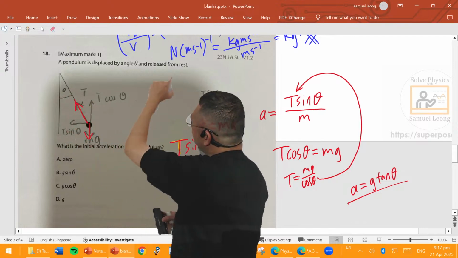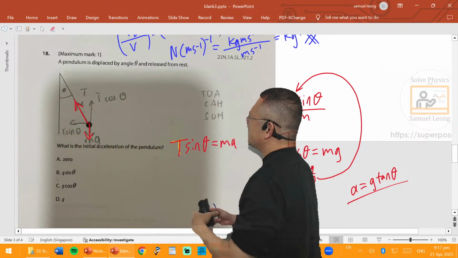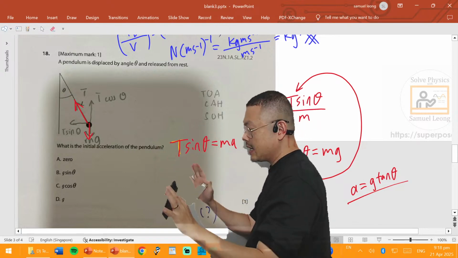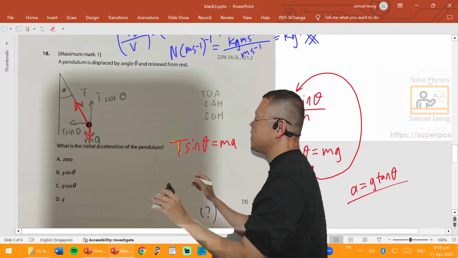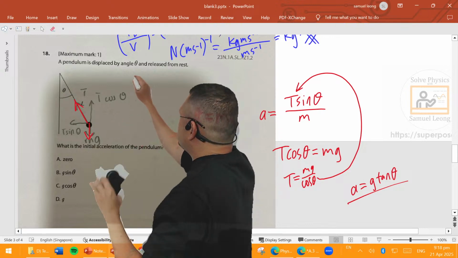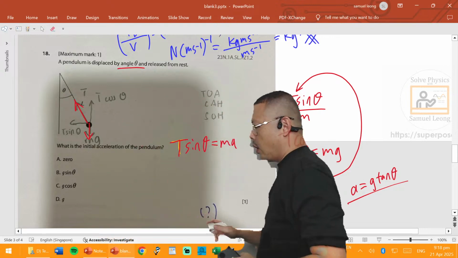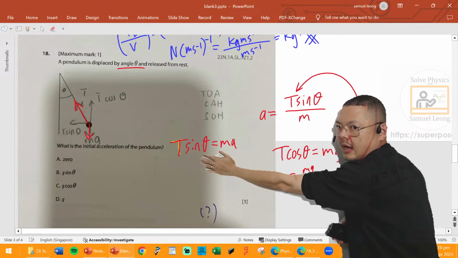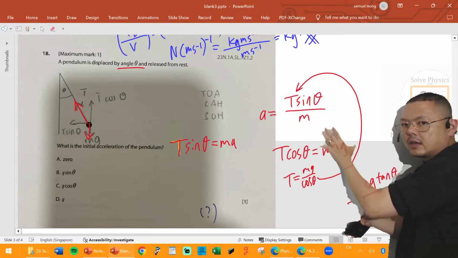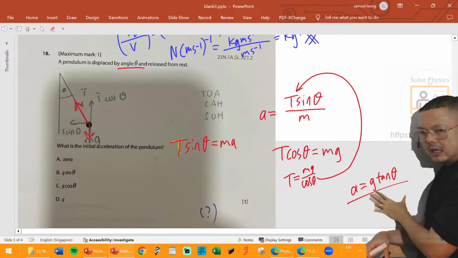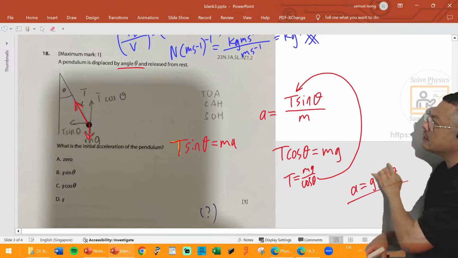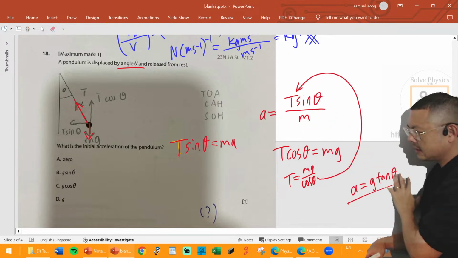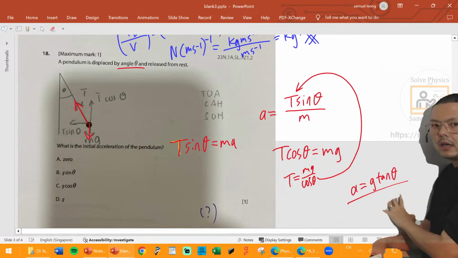This particular question is really a bit high level, so just bear with me. The theta is not declared to be small, so I should not have continued with this. But I continued with it, and I ended up with this answer. A equals g tangent theta. Sine theta divided by cosine theta is g tangent theta. Correct?